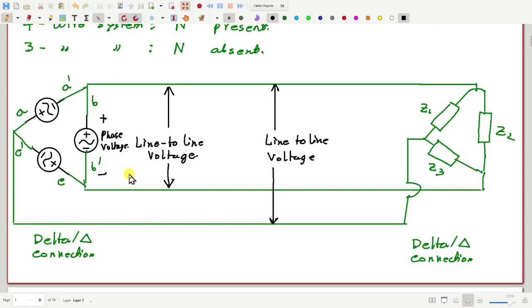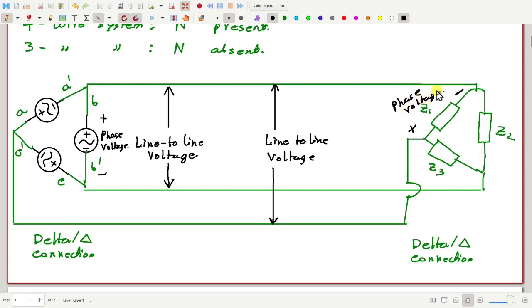So what we see in delta connection is that phase voltage and line to line voltage are the same. Even the voltage across this load is also phase voltage.